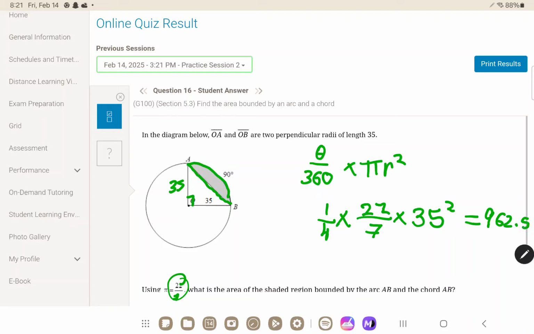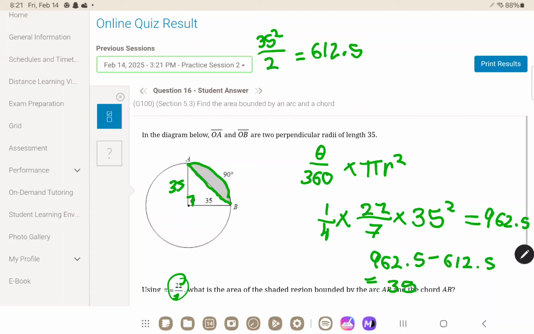Now we need to find the area of the triangle. The area of the triangle is just base times height divided by 2. So 35 squared divided by 2, which is going to be 612.5. So 962.5 minus 612.5 is going to give us 350, which is our final area of the shaded part here.